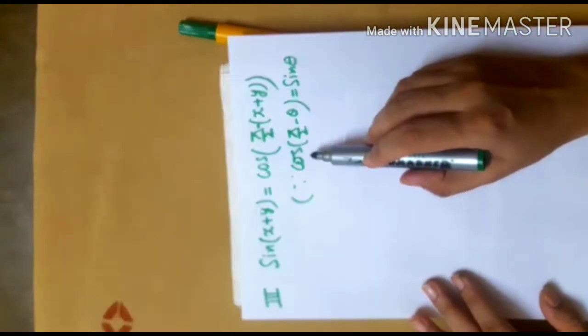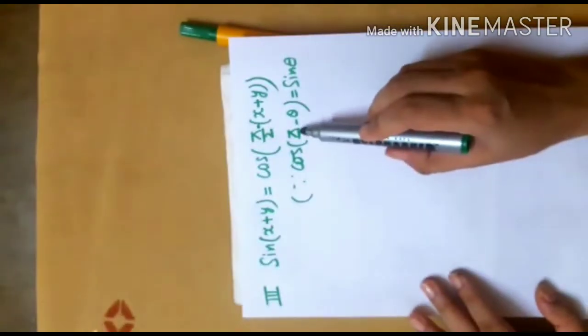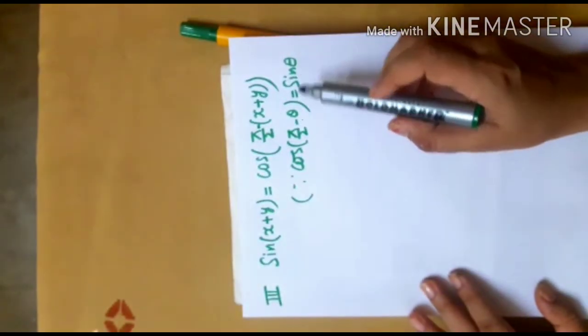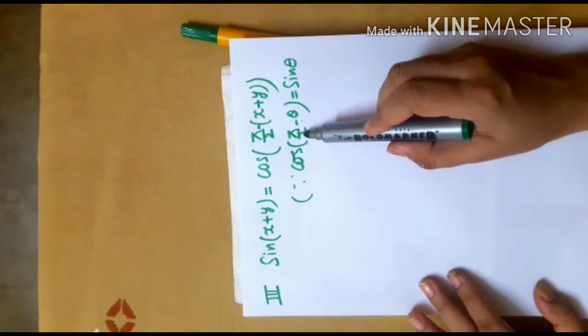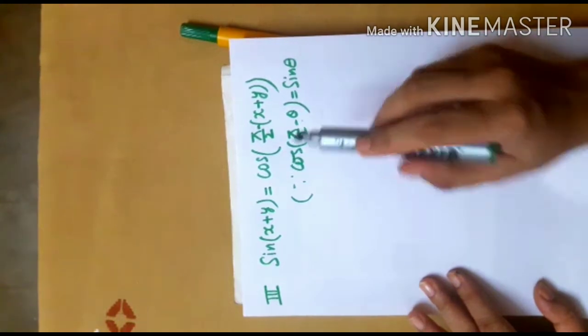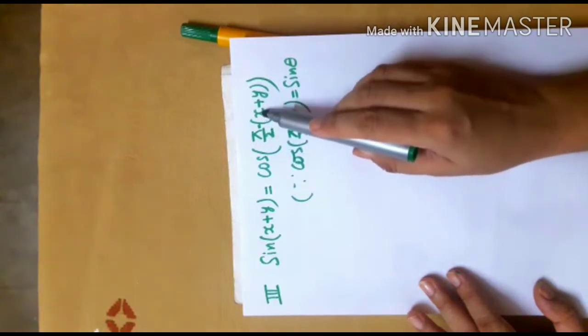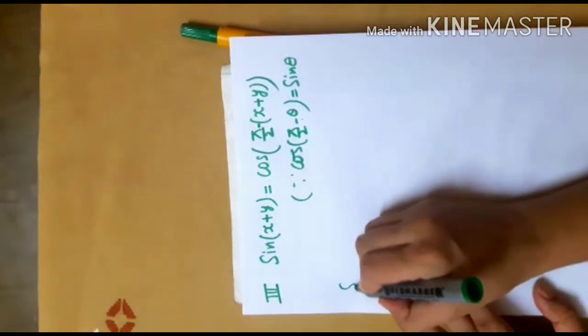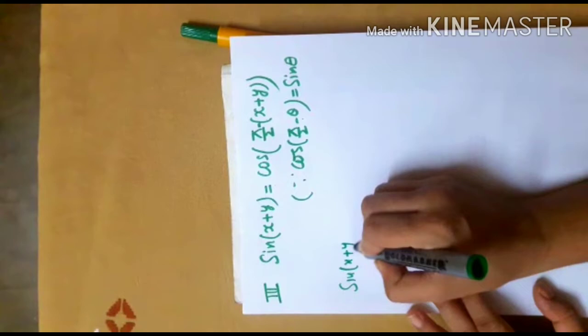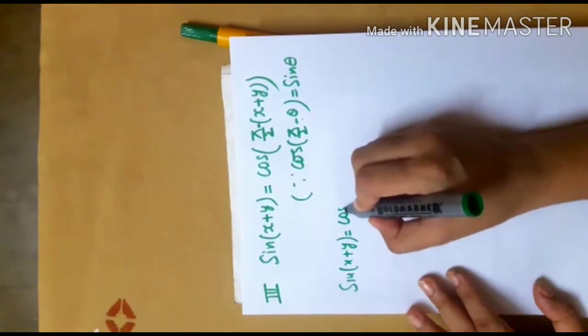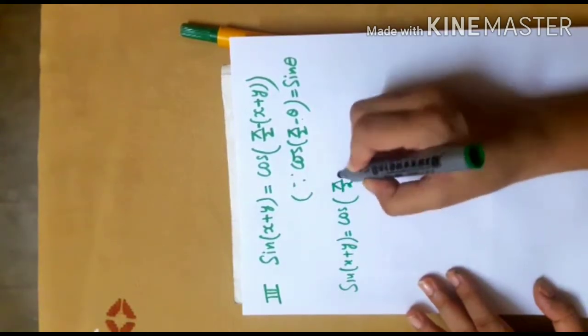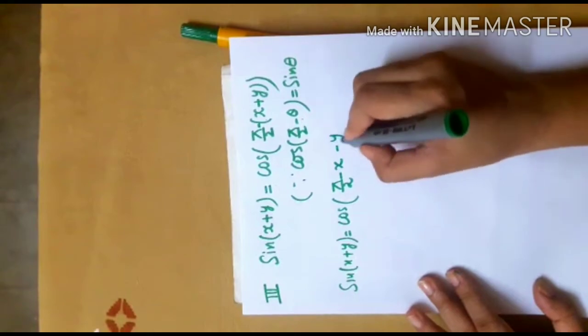This you had learnt in your class 10th also. Cos(90 minus theta) is sin theta. Pi by 2 radian means 90 degree, right? So I can write sin(x plus y) as cos(pi by 2 minus (x plus y)). So that means this is equal to cos((pi by 2 minus x) minus y).